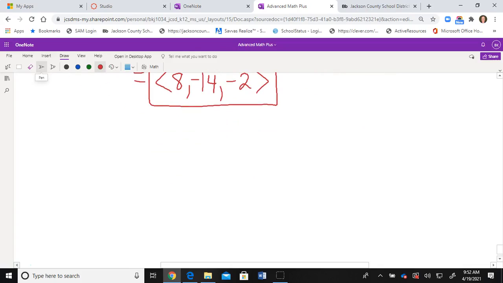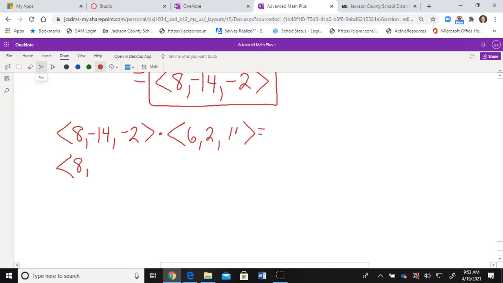Then you verify it using your inner product. So, 8, negative 14, negative 2. Inner product with the first vector in the question was 6, 2, and 10. And it has to work for both of them. So 8, negative 14, negative 2. Dot product with the second vector was 4, 1, and 9.